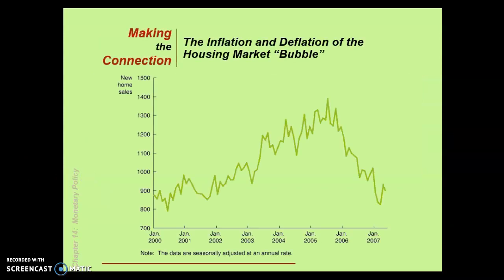Now, let's make the connection from this to interest rate changes. If we look at this, new home sales spiked dramatically from 2000 to 2005. One of the indicators for why that could happen is very low interest rates. And the low interest rate that we just saw by the Fed doing something to the money supply and lowering interest rates causes people to race to go out and buy houses.